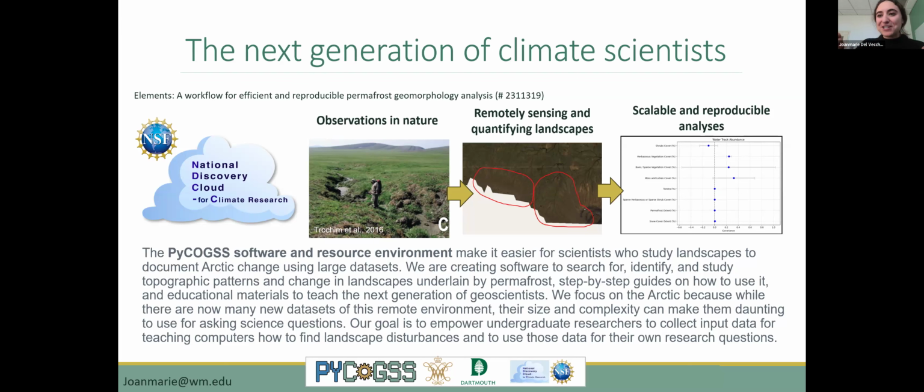So we're not reinventing the wheel, we're just spinning the cogs of existing data sets and software and tools to help people do more science. And in this case, the people are undergraduates. There's no reason that undergraduates can't be involved in some of the more cutting edge aspects of geoscience research, especially if it's remote work with computational data.